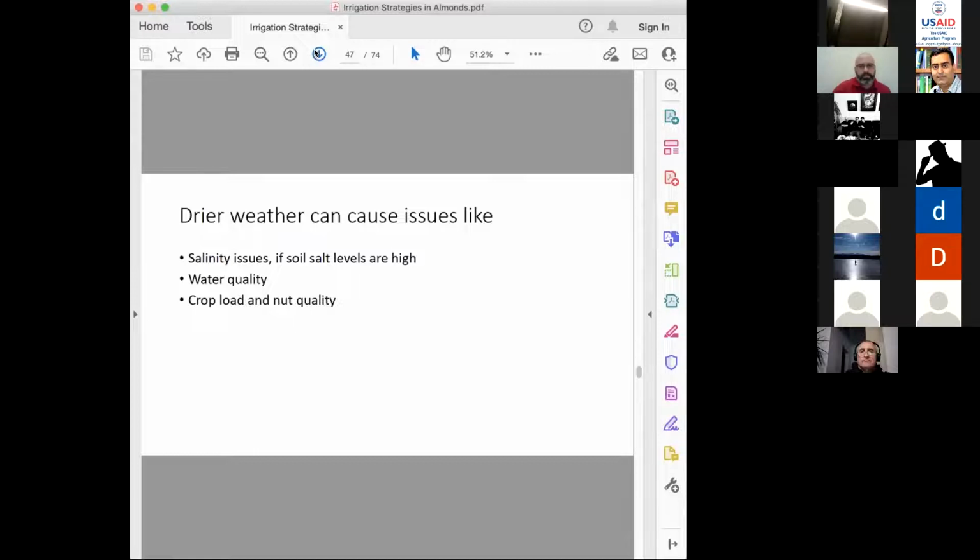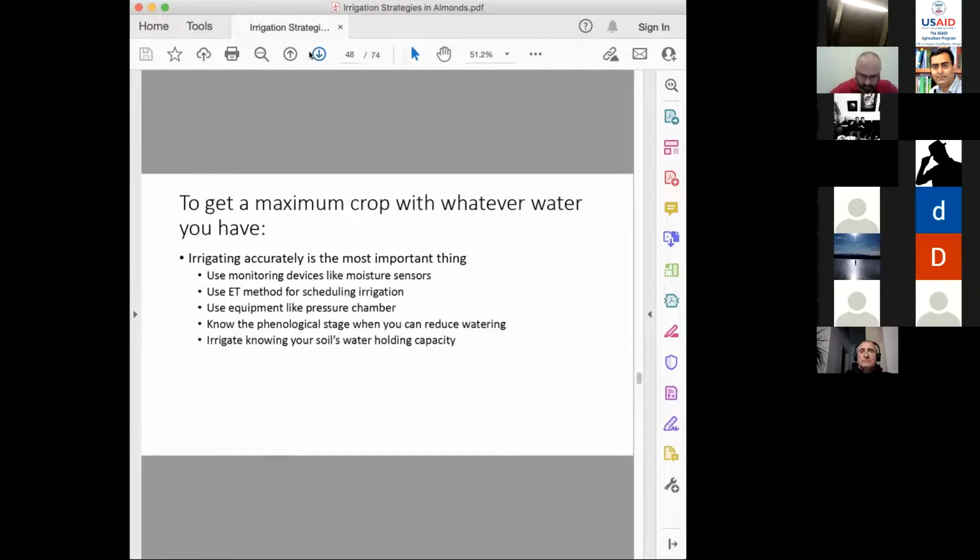And when photosynthesis is affected, your vegetative growth is going to be low. And a little bit of water stress can actually decrease your crop, and also decreases nut quality. Water stress during different stages of growth in almonds can actually create different kinds of nut quality issues. We'll go to that in this presentation.